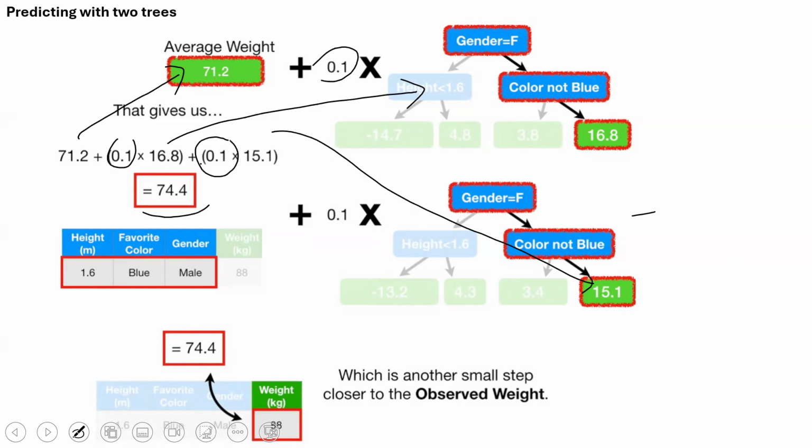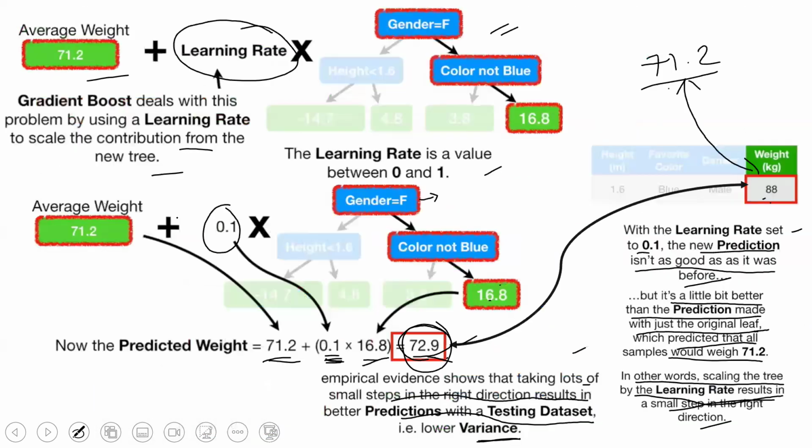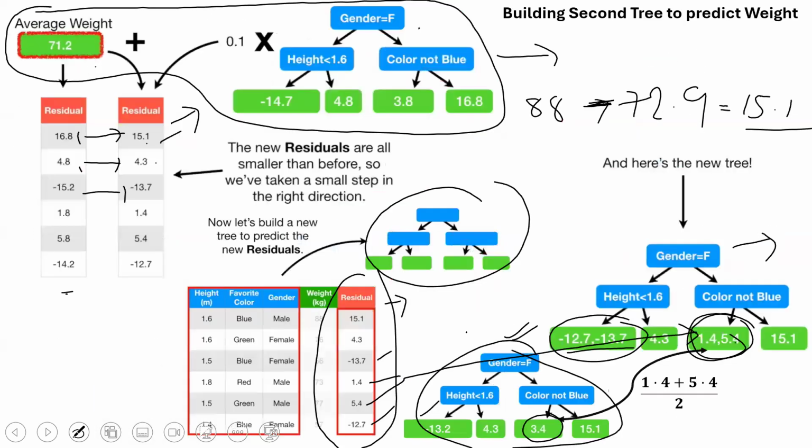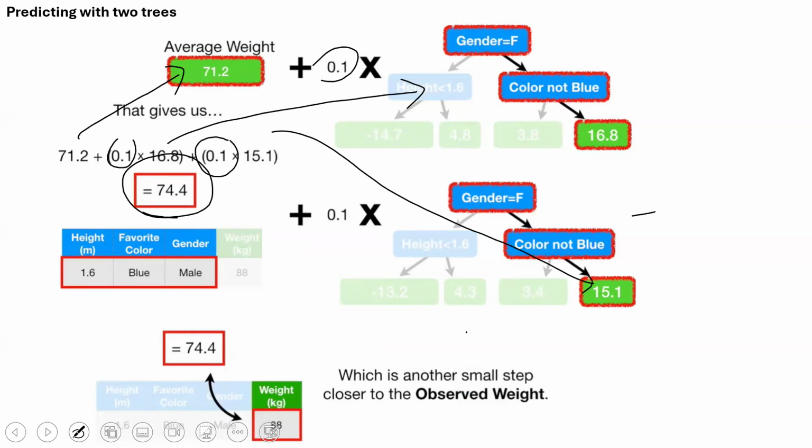So the total weight is predicted as 74.4, which is better than 72.9 made by one tree. That means again we take a smaller step towards the right direction. So this is much closer to 88, which is another small step closer to the observed weight.